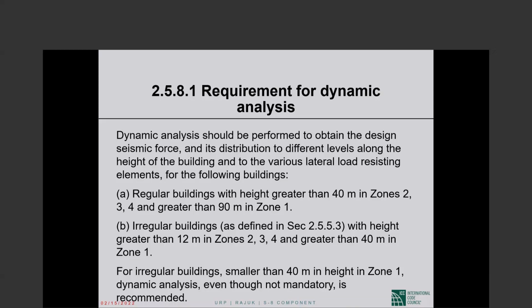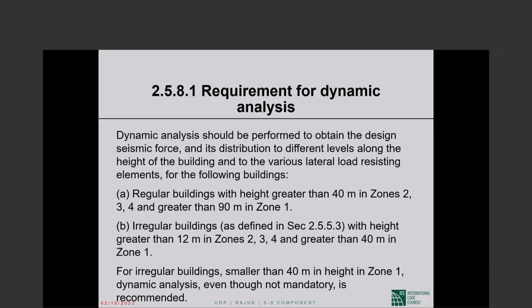But in ASCE 7-22, which just came out, this is the latest ASCE 7, it has not been adopted by codes or is not in use, but will be in the next couple of years. In ASCE 7-22, pretty much all restrictions on the equivalent lateral force procedure have been removed.